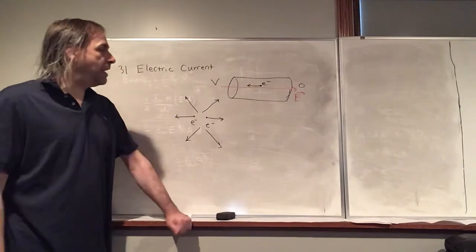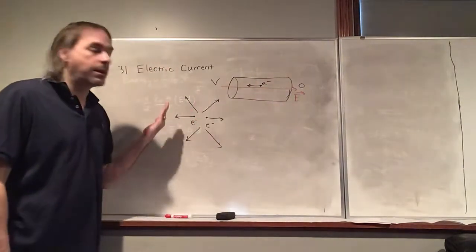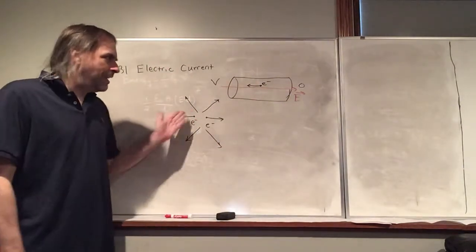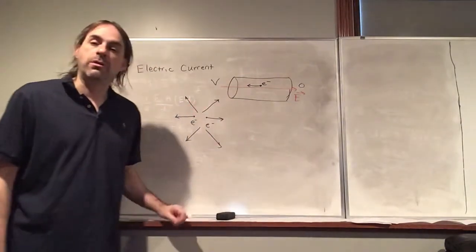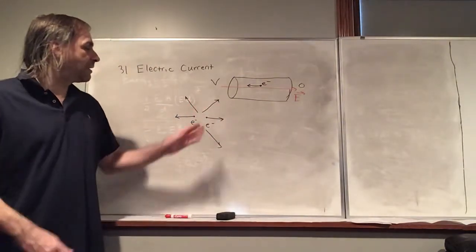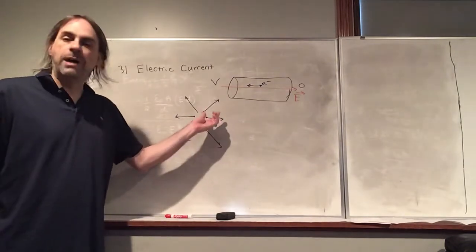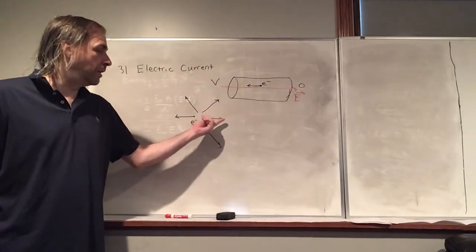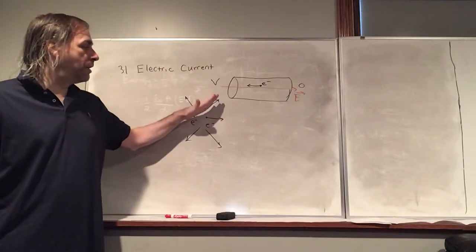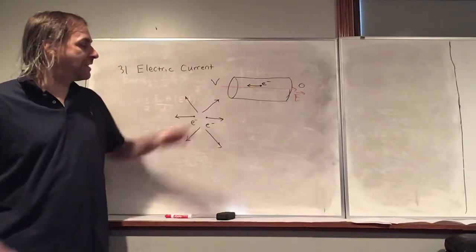Now when we create this electric field, we say these electrons are going to move to the left. Not necessarily. Some of them are still going to be going to the right. But the effect is, say we have this electron that was going to the right. Now it's going to slow down at least because of this electric field. Or this one was going to the right at some angle.